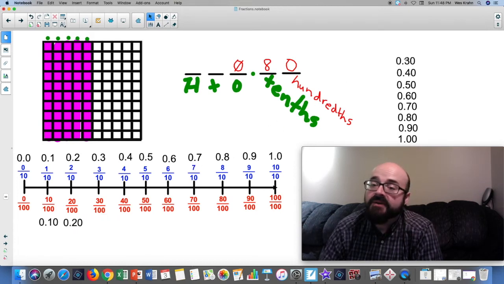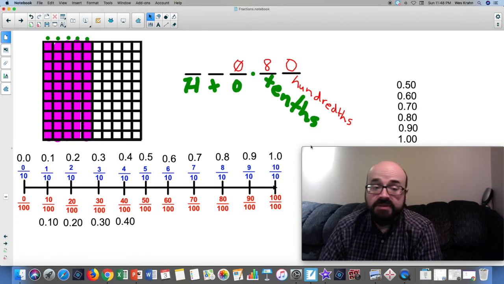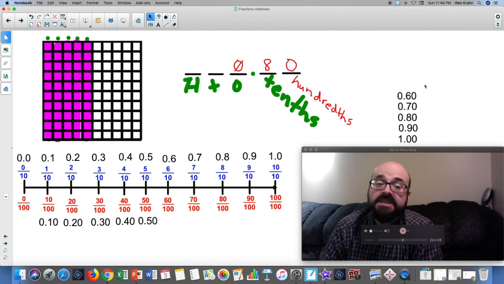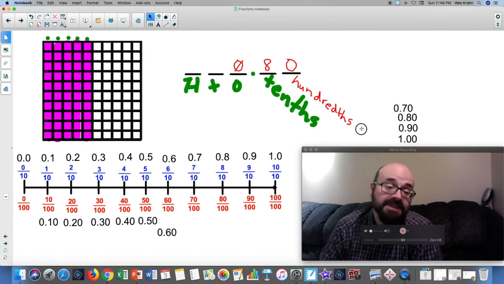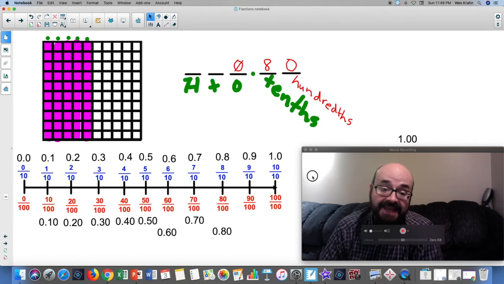0 and 20 hundredths is equal to 0 and 2 tenths. 0 and 3 tenths is equal to 0 and 30 hundredths. 0 and 40 hundredths is equal to 0 and 4 tenths. 0 and 50 hundredths is equal to 0 and 5 tenths. 0 and 60 hundredths is equal to 0 and 6 tenths. 0 and 70 hundredths is equal to 0 and 7 tenths. 0 and 80 hundredths is equal to 0 and 8 tenths.